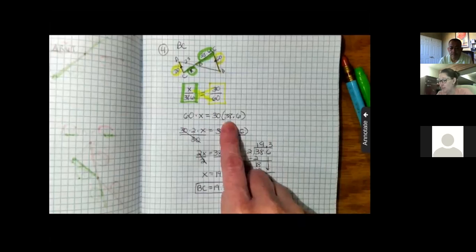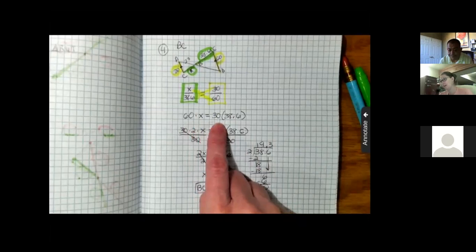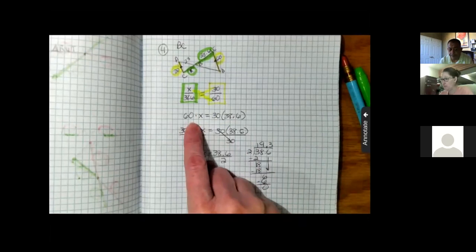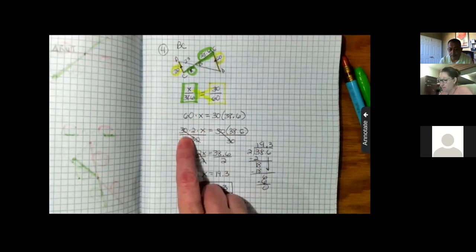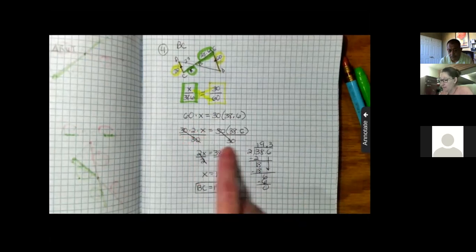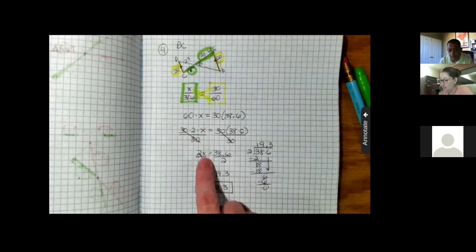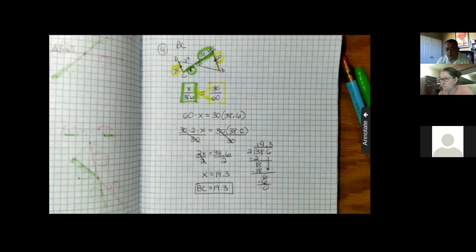And then I tried to figure out how I'm going to get X by itself. I realized that there's a number ending in 0 here and a number ending in 0 here. So I'm thinking, well, does 30 go into 60? It does. If I factor it out, 30 times 2 times X, then I can divide by 30, leaving me 2X and 38.6. Does that help? Yeah. Okay. Sometimes I go a little fast, so you've got to say, whoa, back up.